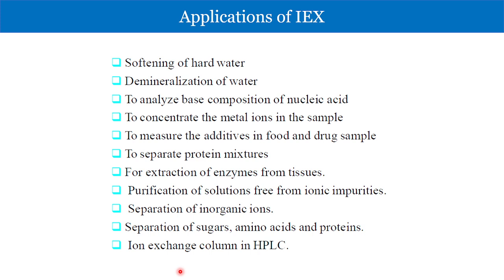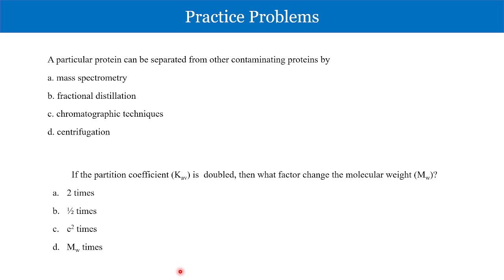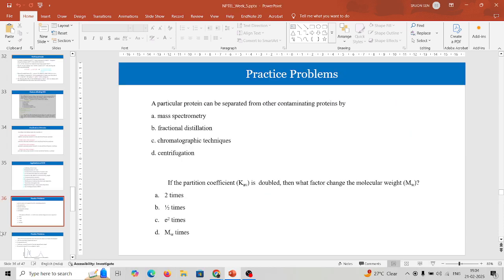Okay, so let us start with the questions. You people first try answering, and then probably I can give you the correct one. Okay, let's start with the first one then.